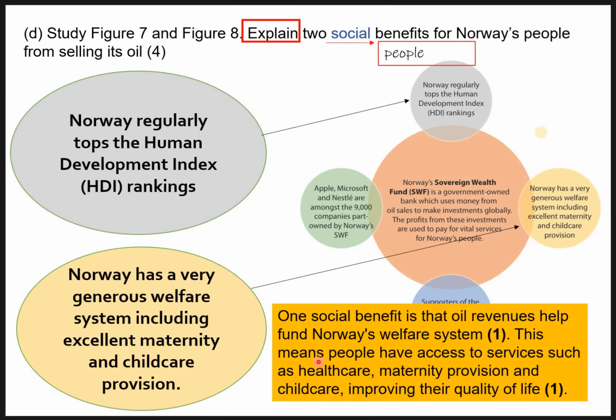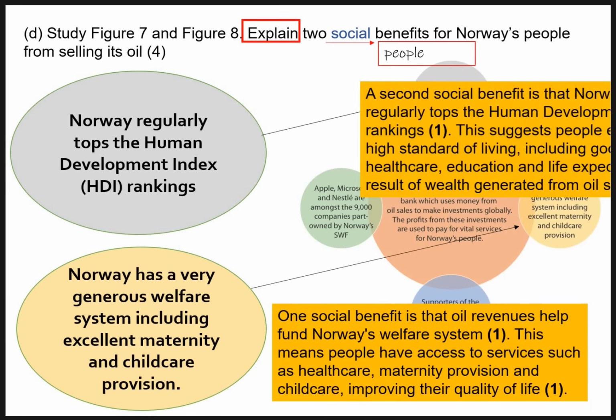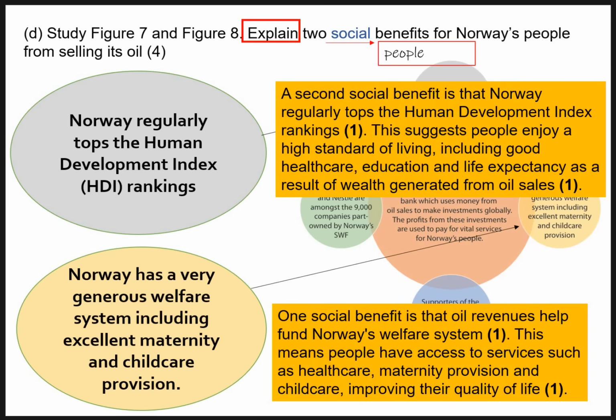Can we see healthcare and education? We've got some additional information here on HDI. That's how I would write that answer down as well. So a full 4-mark answer, we need the 2 points that we can see here: HDI and a well-funded healthcare system.